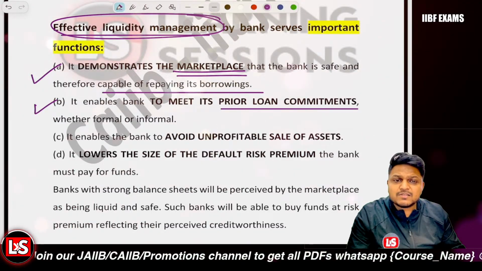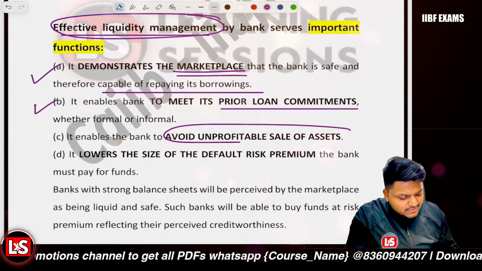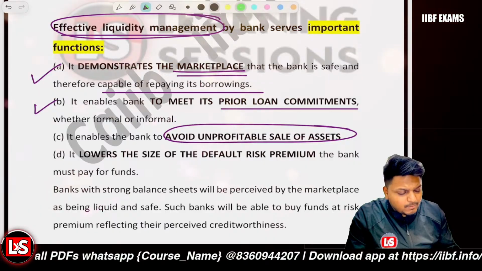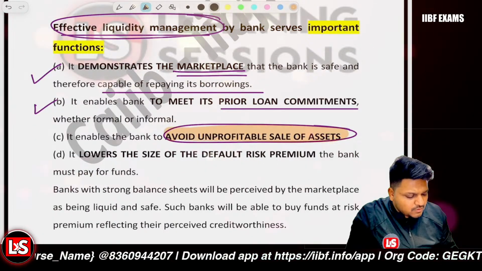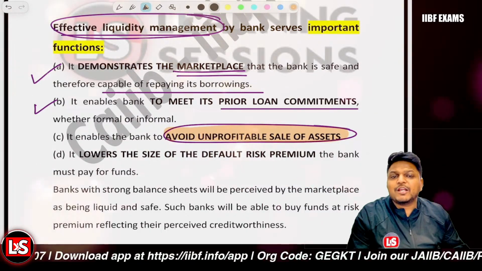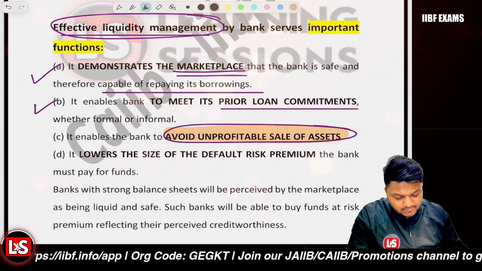And the third thing is to avoid the distress sale of the assets. We want to sell our assets, but at a reasonable cost, not a lower cost. So it's about asset protection, that we should avoid the distress sale of the assets.